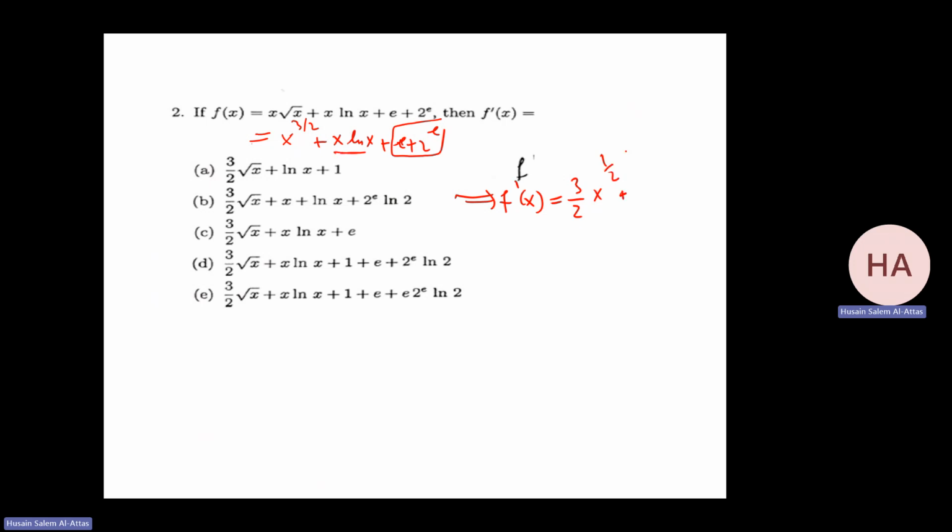Actually, we did it before. Derivative of the first one times ln x plus x times 1 over x. So this is 1. So I have here what? 3 over 2 root x, and I have plus 1 plus ln x, which is this.